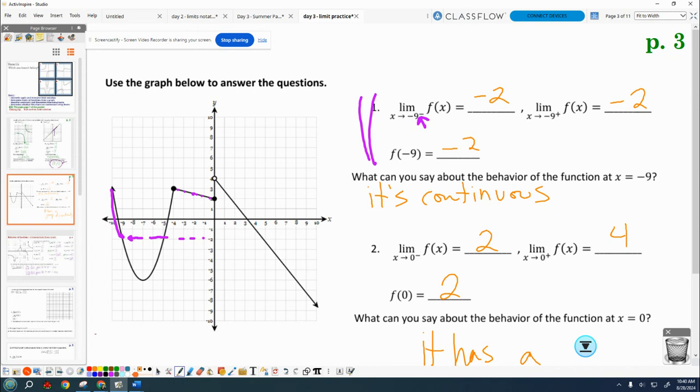So then now, all right, what's the y value as we come at negative 9 from the other side, from the right, from the positives? Same road. It also appears to be coming up to negative 2. And then where is the function at negative 9? I didn't draw the dot, I didn't put a big fat circle on it, but it is colored in there. It does exist. So it's negative 2.